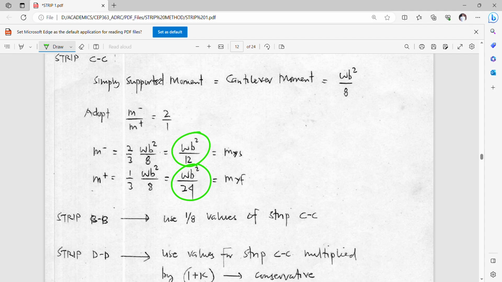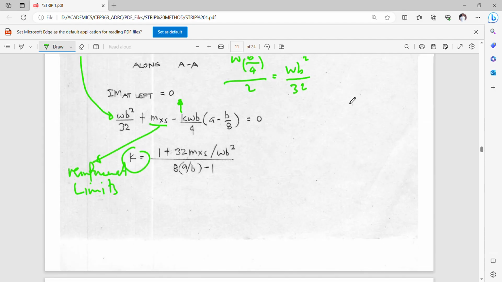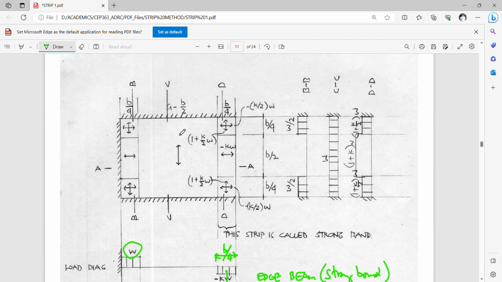Okay, strip CC. Remember that the cantilever moment is simply W times B over 2 squared over 2, that's why this becomes equivalent to WB squared. Okay, so this is strip CC here.